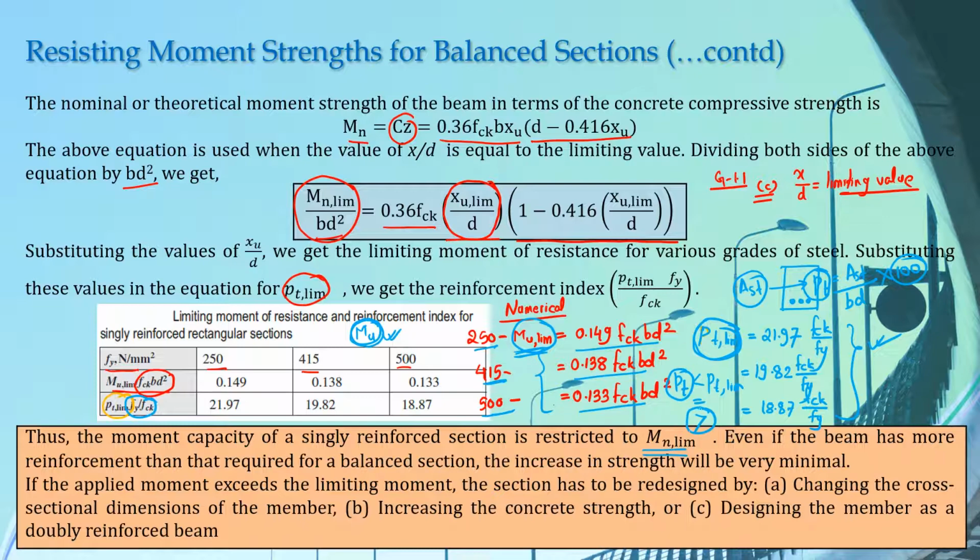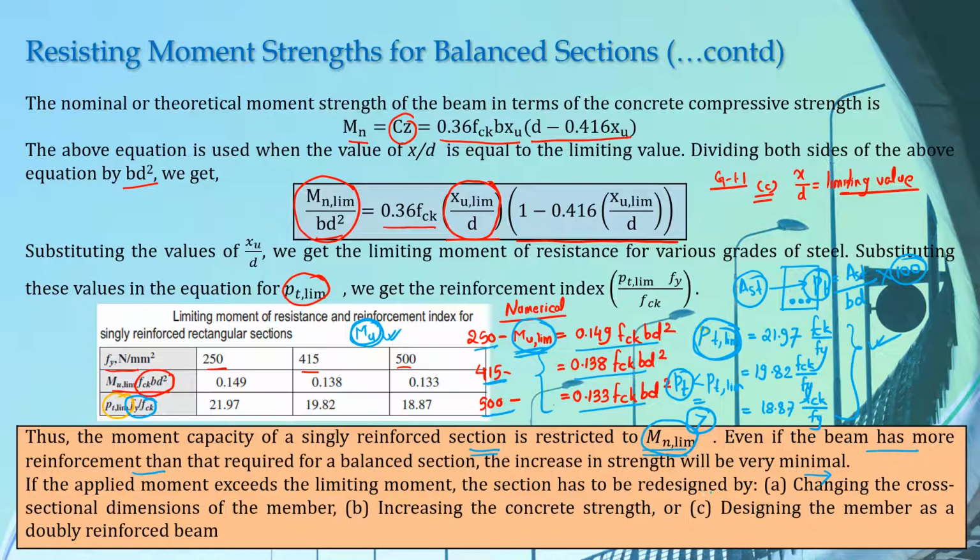So Mu limiting is the restricted value up to which your singly reinforced section can resist the ultimate moment. Even if the beam has more reinforcement than that required for a balanced section, the increase in strength will be very minimal. In fact, your beam becomes over reinforced when the applied moment exceeds the limiting moment, and in that case you have to redesign the section.